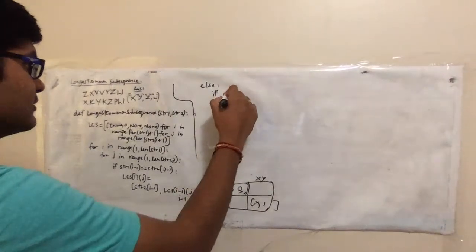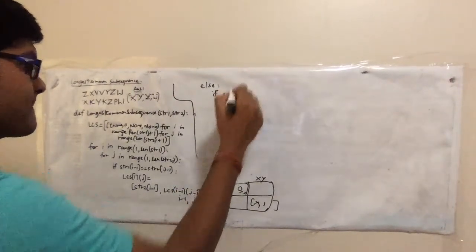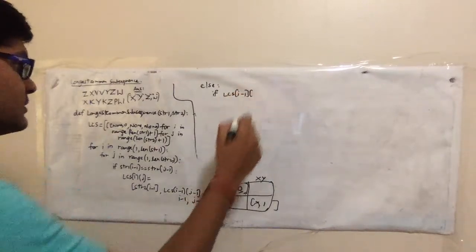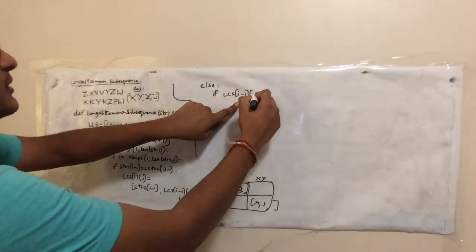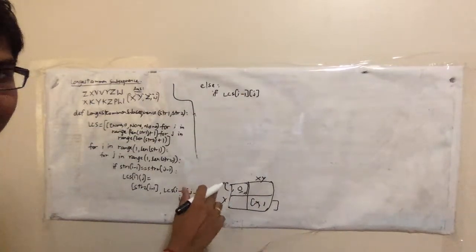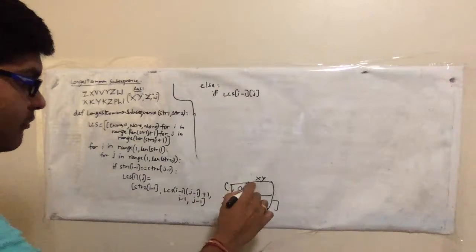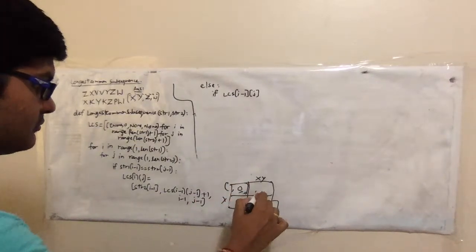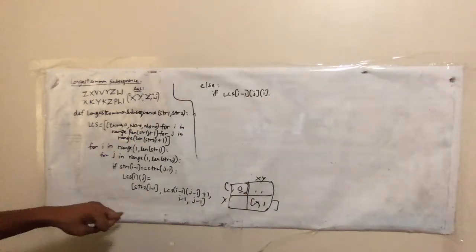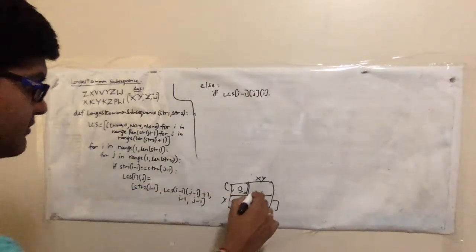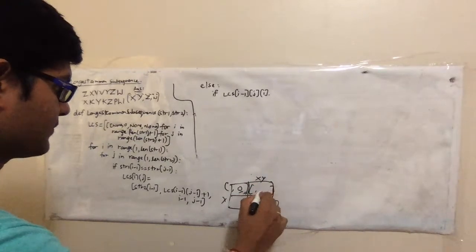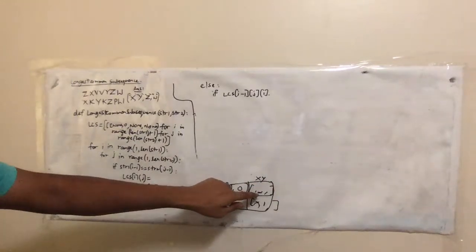If LCS of I minus 1 j of 1, so what I am doing, I am calculating this value. So I am comparing this value.